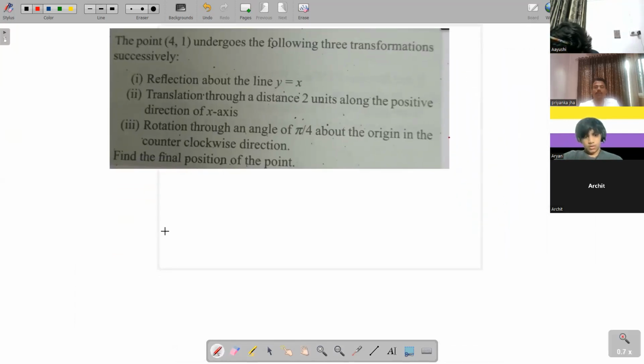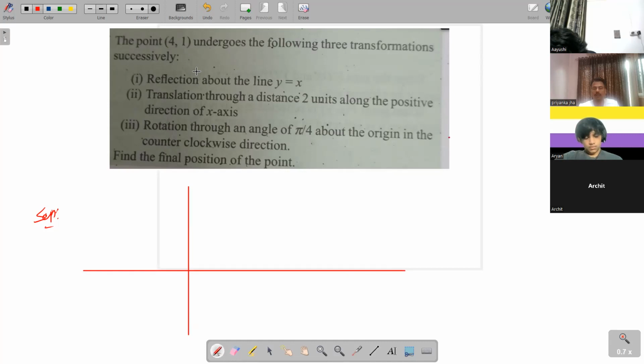See, first you draw the coordinate axis. The question: the point (4,1) undergoes the following 3 transformations successively. Suppose this is your point P(4,1).